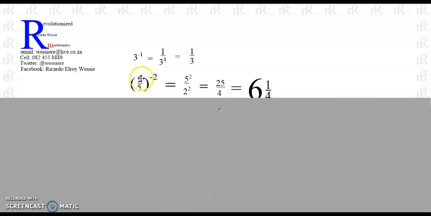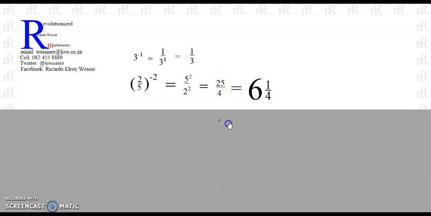We all know that when we have a power raised to another power, we will multiply those powers. And because it is negative, we take it to the bottom of the fraction and it becomes positive. So 5 squared is 25, 2 squared is 4, so my answer is 6 1/4.